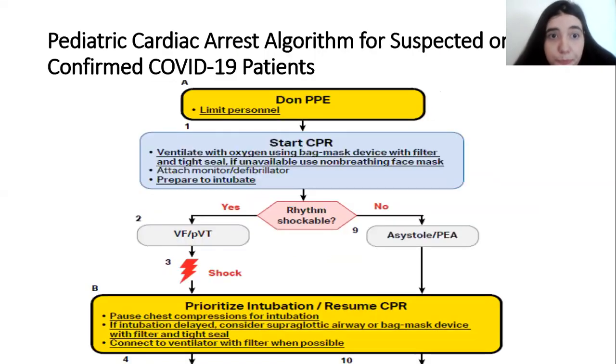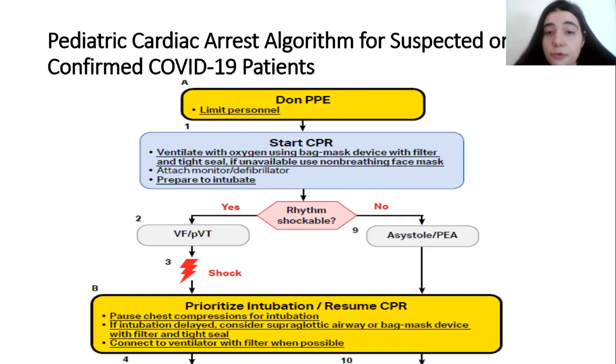rhythm. For the advanced algorithm, as we said, the most important thing to do in these cases is the PPE to limit the personnel. Then start your CPR, ventilate with oxygen using a bag mask device with filter with tight seal.